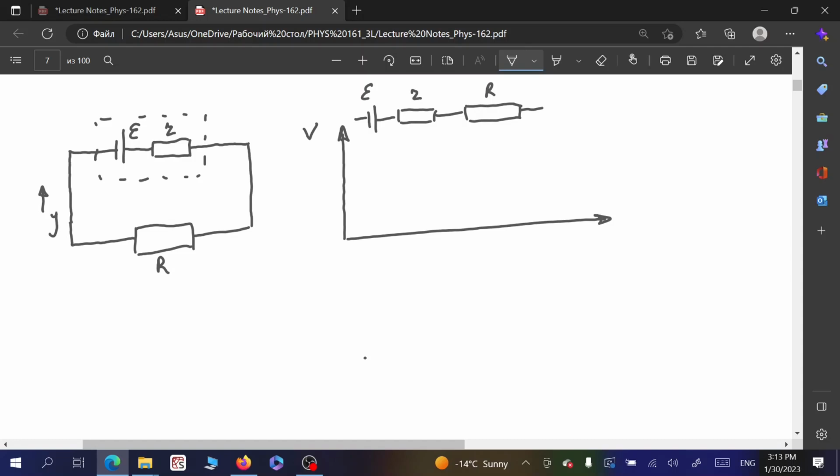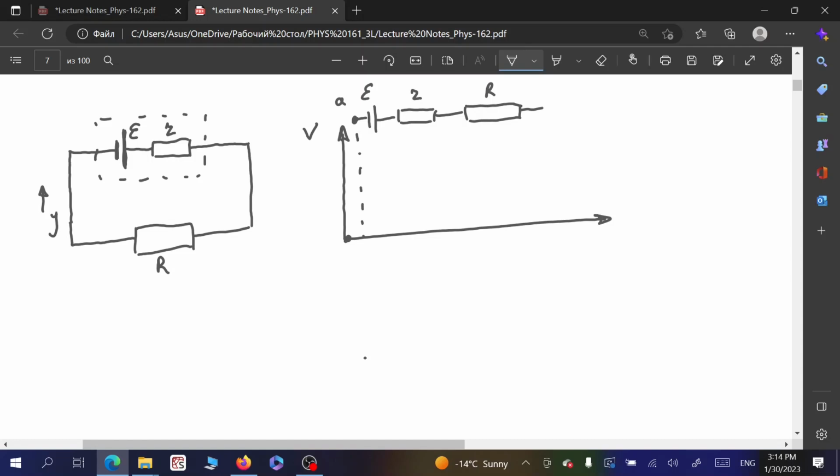So in order to show schematically the real battery, we show an ideal battery with electromotive force E, and then attach some series resistance to it, as shown here. Now, if we consider some point, let's say point A here, it's the beginning of the electric circuit, and its end because it's closed.